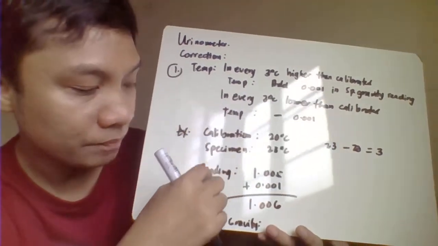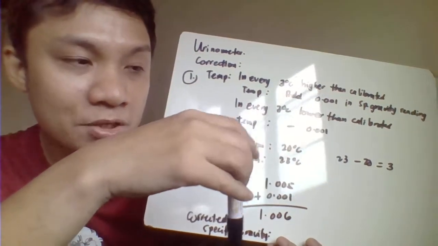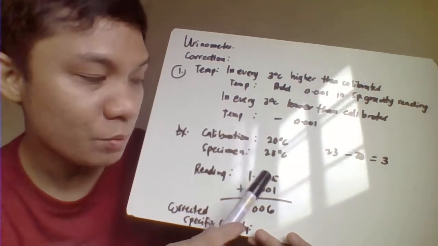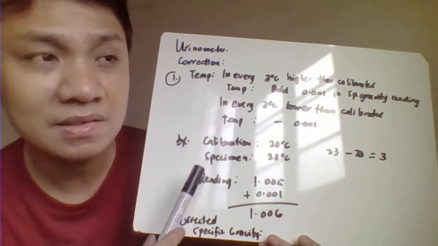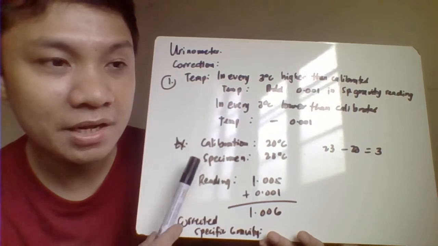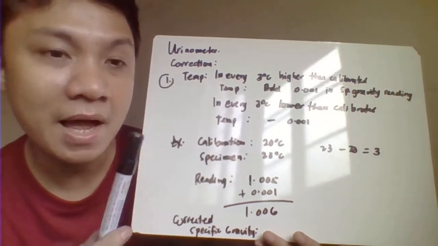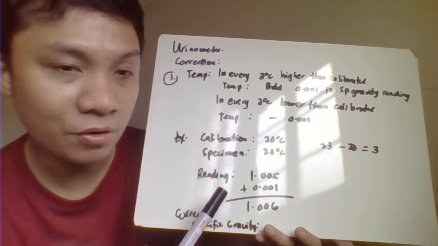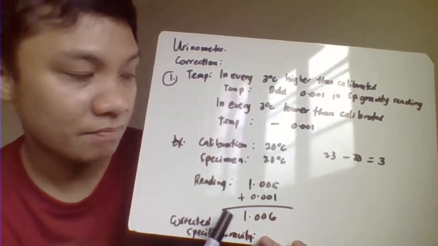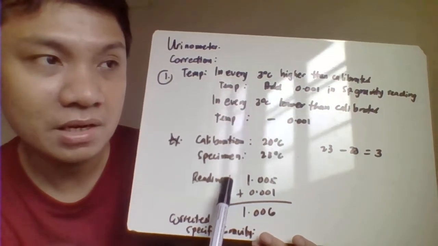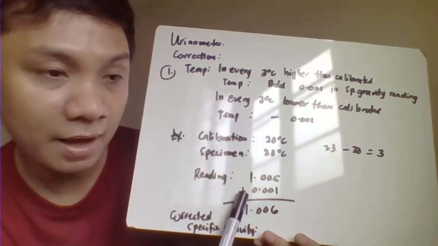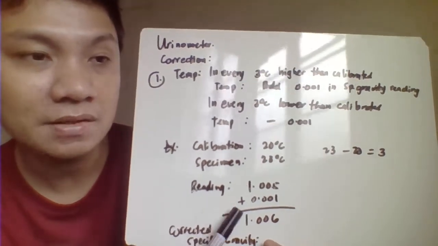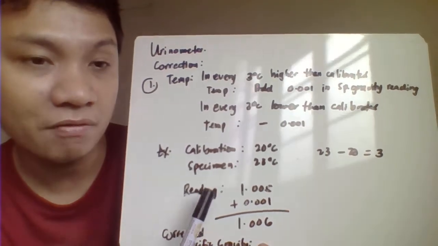So for example, this is the reading you got when you measured urine using your urinometer: 1.005. However, since the temperature of your urine specimen is 3 degrees Celsius higher than the calibrated temperature of the manufacturer, you need to correct your specific gravity reading. You need to add 0.001 because again, your specimen has a temperature 3 degrees Celsius higher than the calibrated temperature of the manufacturer.